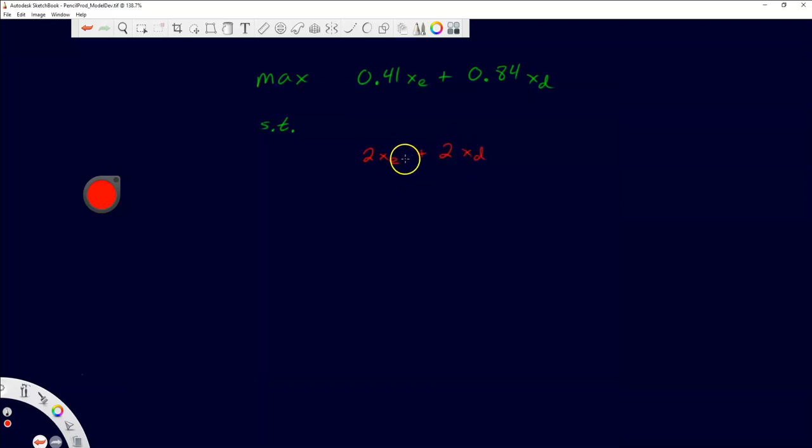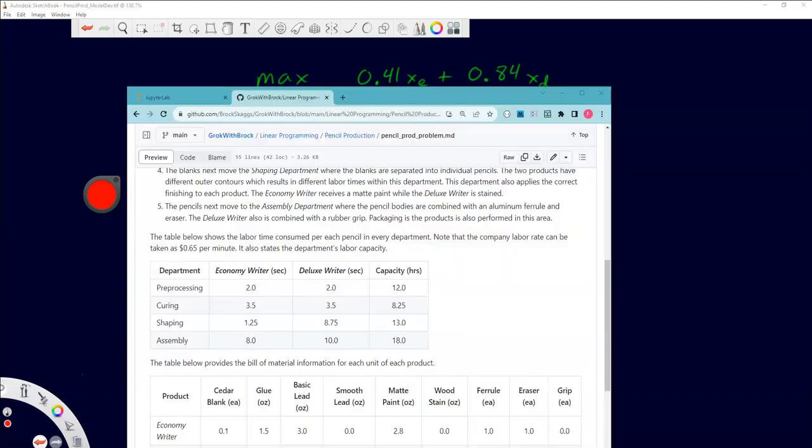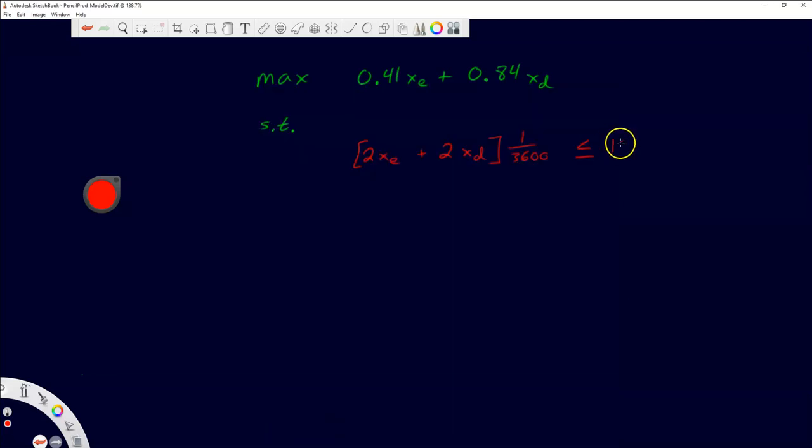This is the time in seconds, so we'd say, okay, that's 1 over 3600 to get us to hours, and we'd say that must be less than or equal to the 12 hours I have here. And this would be a description of the constraint that makes sure that we don't violate the pre-processing department's capacity. And we would do the same thing now for the 3 other ones. So we'd have 3.5 and 3.5 for curing.